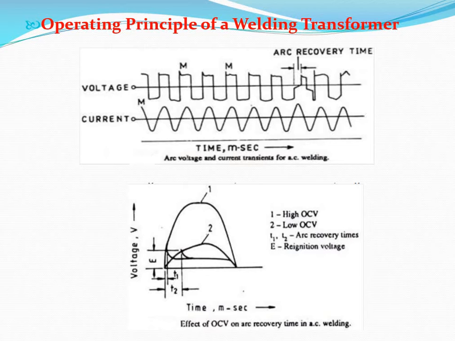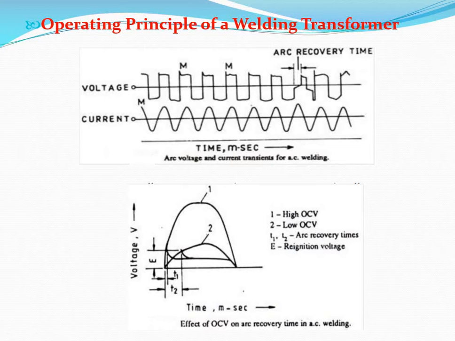Considering these transients, this point M indicates the voltage required to strike an arc, and the time during which this voltage rises from 0 to the voltage sufficient to reignite the arc is called the arc recovery time.